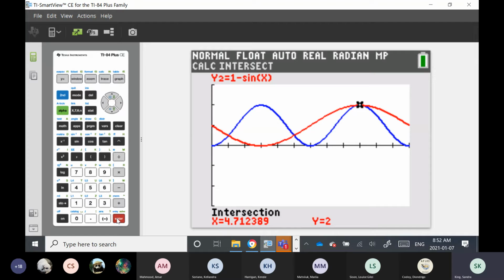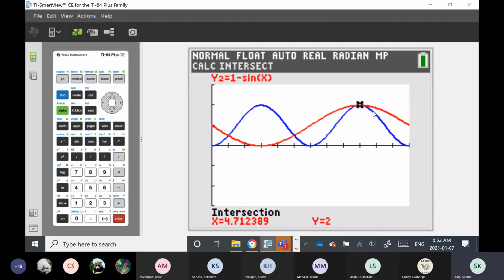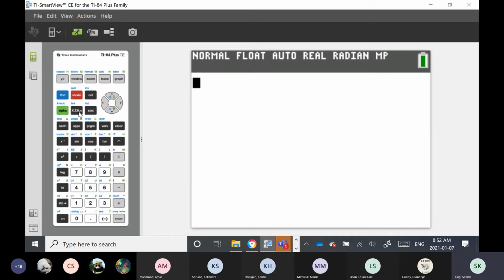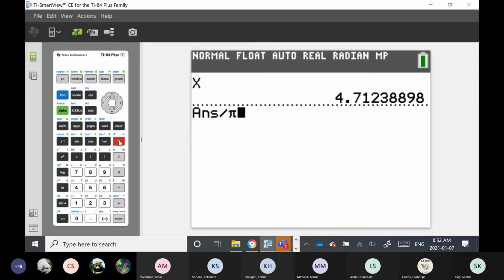Enter, enter, enter. So I get that number there. Let's see if this one works. So quit, and I want to get that x value. So the solution was the x coordinate. I want to divide that answer by pi. Okay, this one works. And then I want to math one fraction it. I think all 3 work nicely.